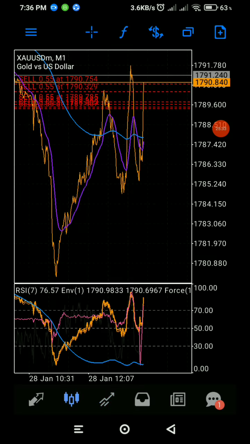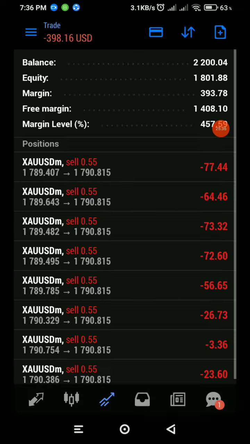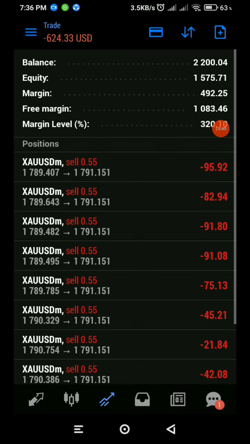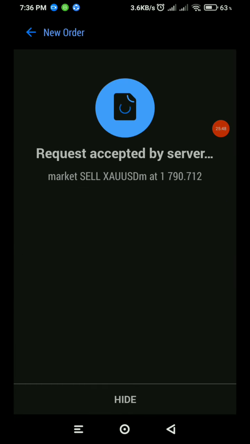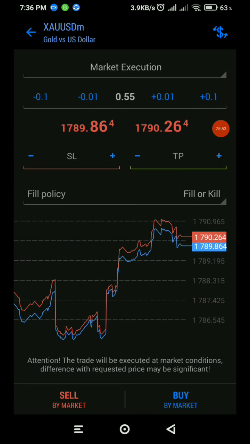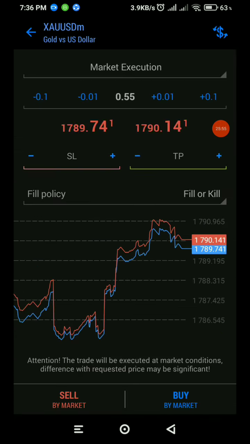So I'm continuously taking sell entries because it is a very potential area, the area of confluence, and the higher time frame shows us that price is in selling momentum. As price reaches this key area, I'm just adding sell entries.